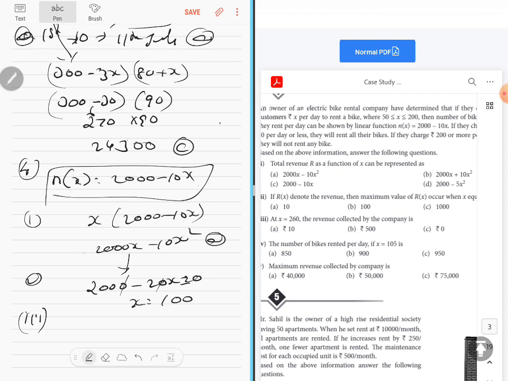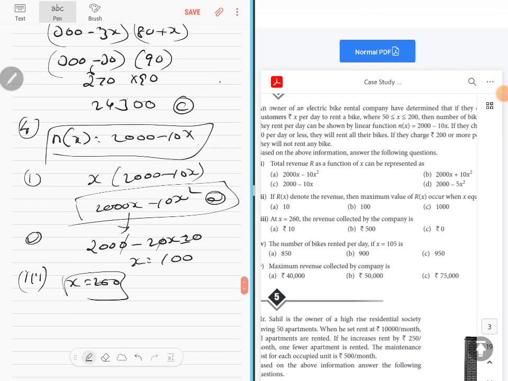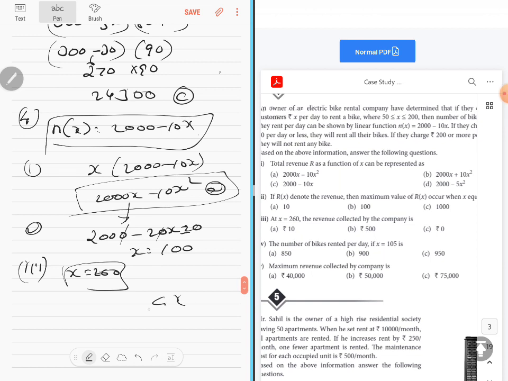But x can lie only between 50 and 200, as the question already states. If it's 200, then in n of x no bikes will be there; nobody will take a bike for rent if it's too high.